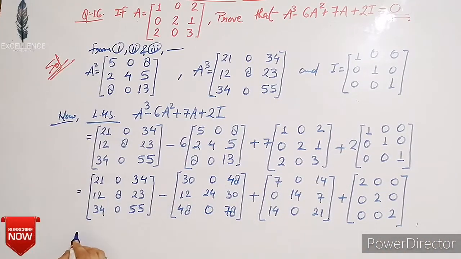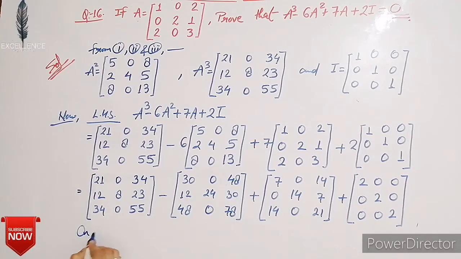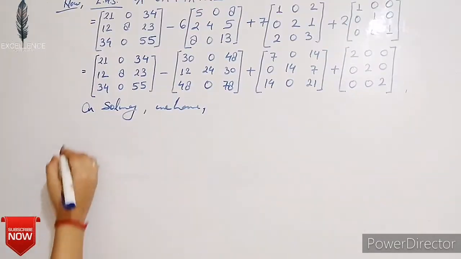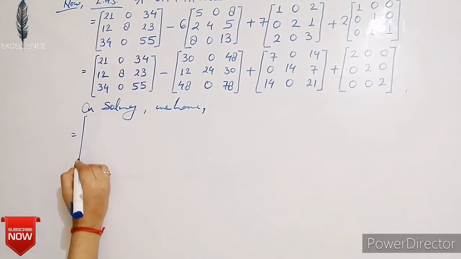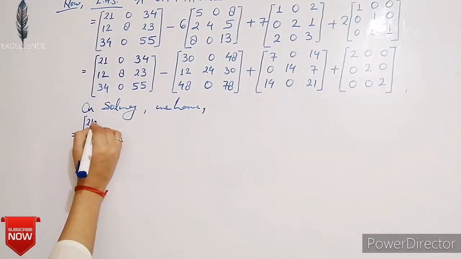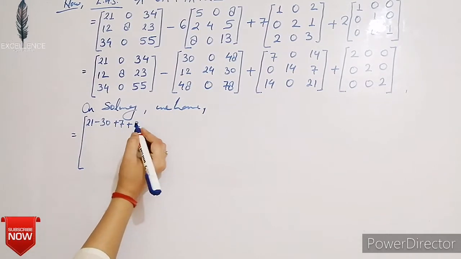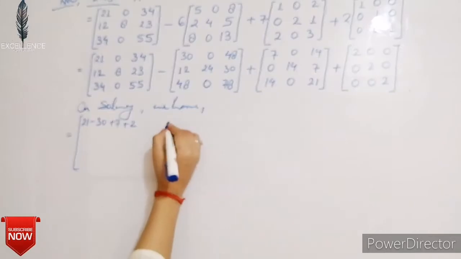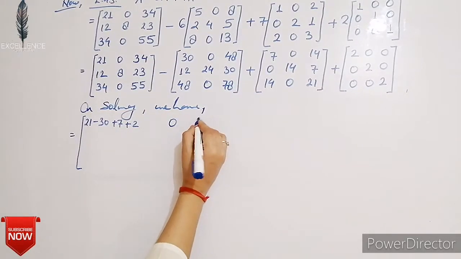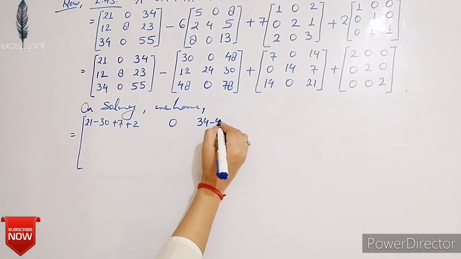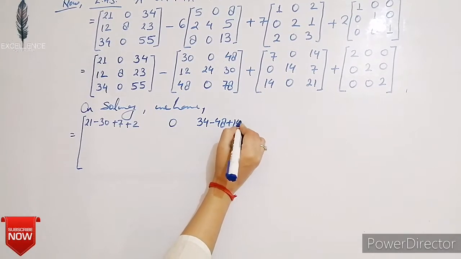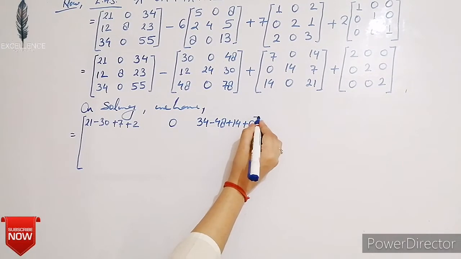Now on solving, we have the first, 1 1 element, which is 21 minus 30 plus 7 plus 2, and the 1 2 element, that is 0, and the 1 3 element is 34 minus 48 plus 14 plus 0.